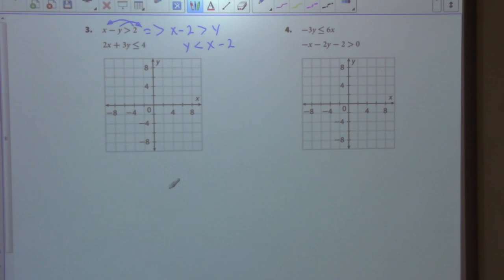Now, another way I saw, I think it was Steve-O who did it, 7th period, was this. He subtracted x first, so he had negative y is greater than 2 minus x, and then he divided by negative 1, and he got y, change the sign.